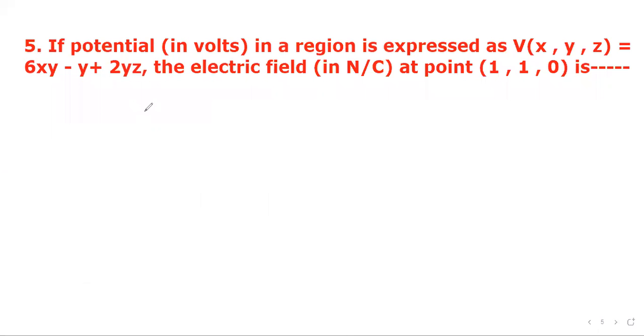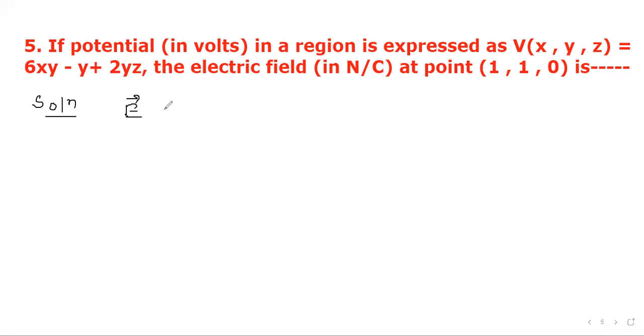Now let's see the next question. The potential in a region is expressed as V as a function of x, y, z equal to 6xy minus y plus 2yz. Then the electric field at point (1, 1, 0) is given by. So let's see the solution. Same rule.